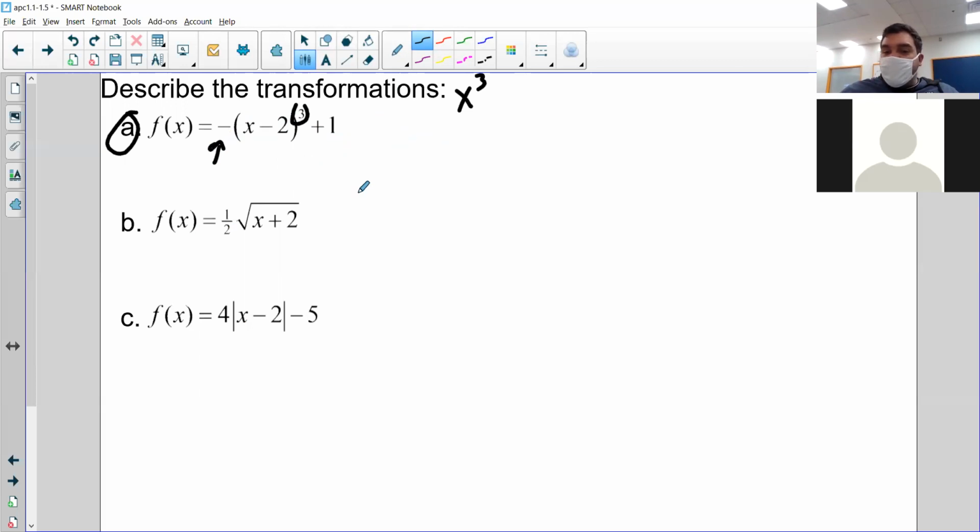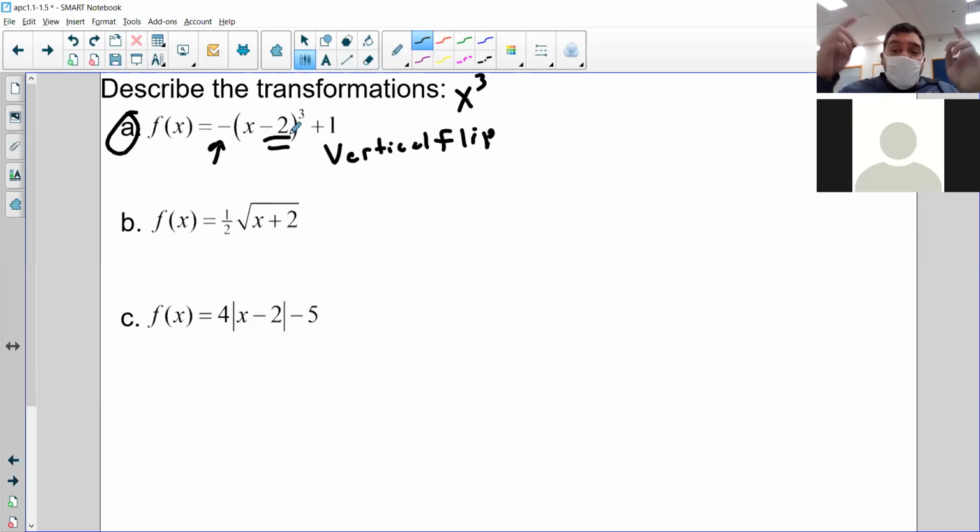So right here, I see a negative being multiplied to my function. So I automatically know because it's negative, it's going to have a vertical flip. So one aspect that I have to talk about is that it's vertically flipped or vertical flip. You can say vertical reflection too.